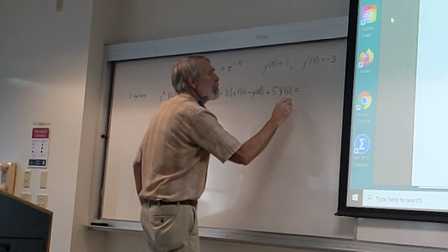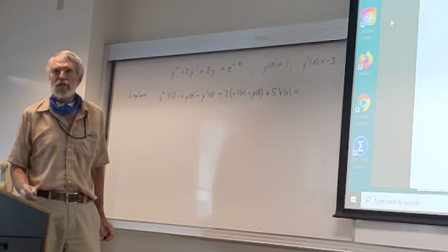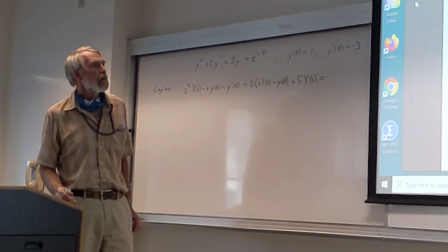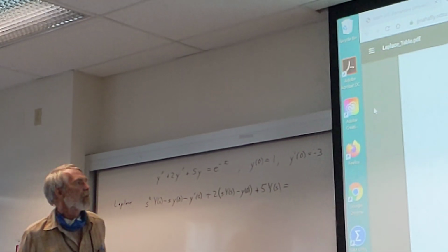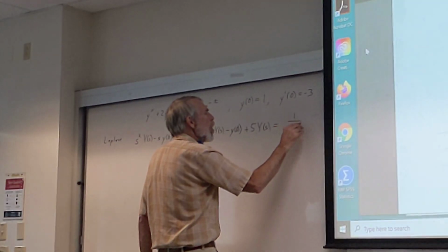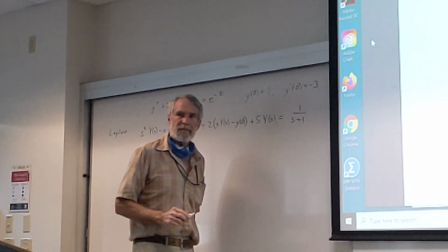And that's going to be equal to, from the table, what does e to the minus t give us? 1 over s minus a. Wait a minute, a is just negative 1. So it gives us 1 over s plus 1.